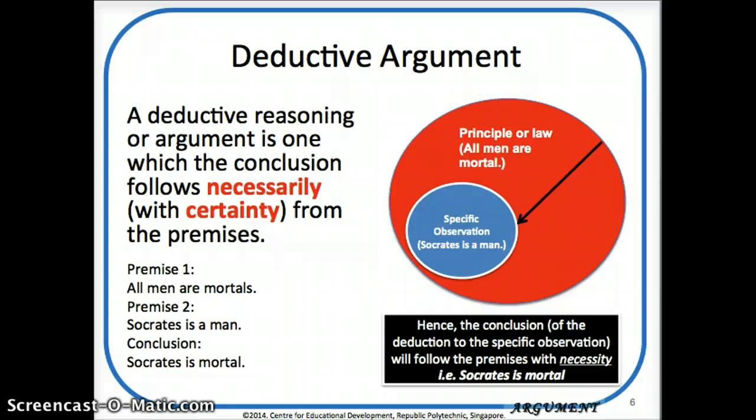On the other hand, for deductive argument, since we build our line of reasoning from the basis of a set of rules or laws or theories, and if the specific observations support these theories, then the subsequent conclusion must follow these premises with certainty. In other words, a deductive reasoning or argument is one in which the conclusion follows necessarily or with certainty from the premises.